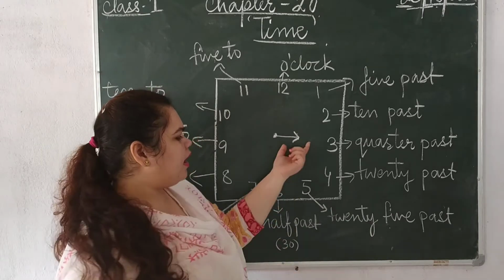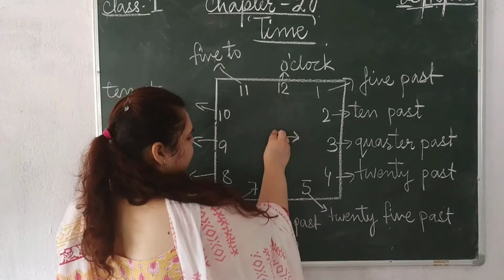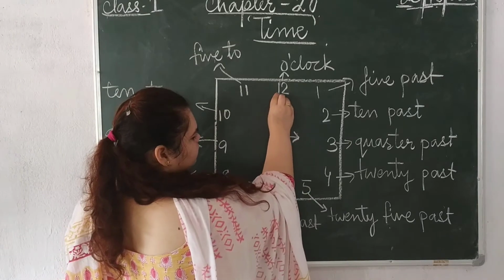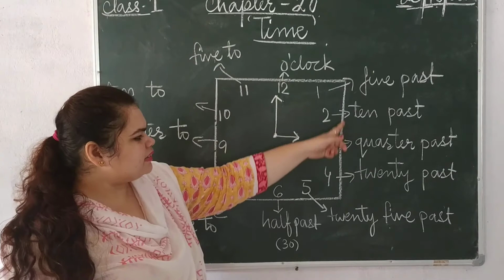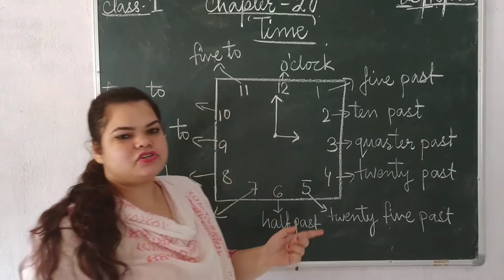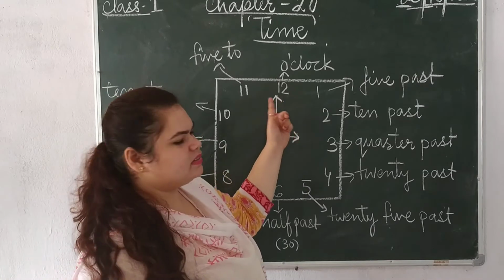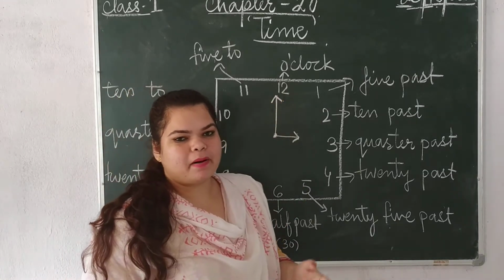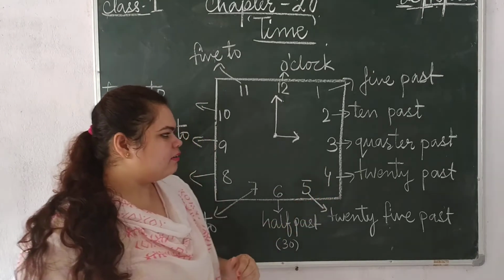The small hand tells us the hour, whereas the big hand tells us the minute. So there are 60 minutes in each hour. The big hand shows us how many minutes have passed or how many minutes are left.